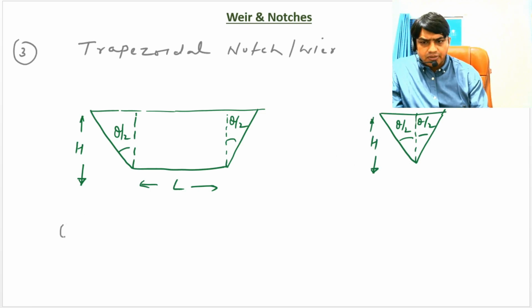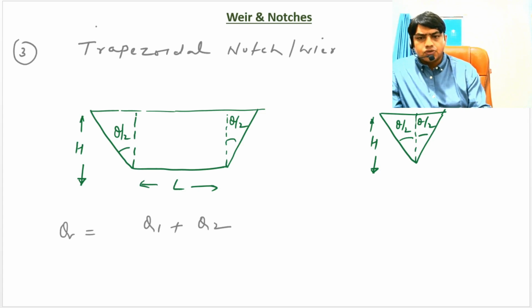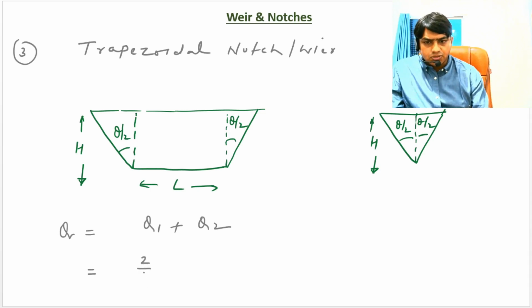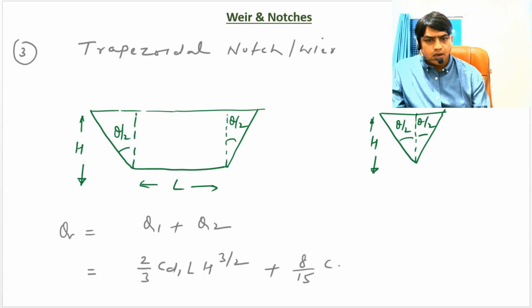So total discharge can be written as Q1 plus Q2. If the coefficient of discharge is different, let us assume Q1 is the discharge in the rectangular notch and Q2 is the discharge in the V notch. So it can be written as 2 by 3 CD1 L H to the power 3 by 2 plus 8 by 15 CD2 root under 2g tan theta by 2 into H to the power 5 by 2.